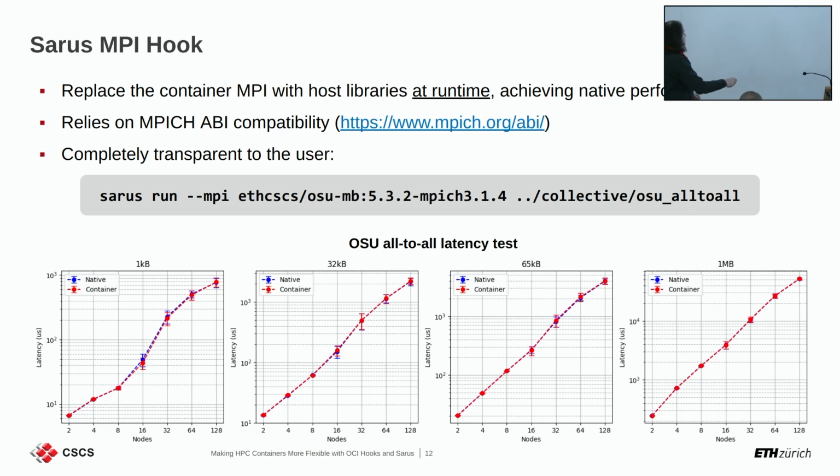And we get results like, here in the slide, an all-to-all latency test between 1 and 128 nodes, just to represent that we can get native results also with the container.